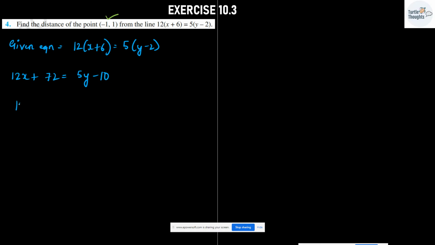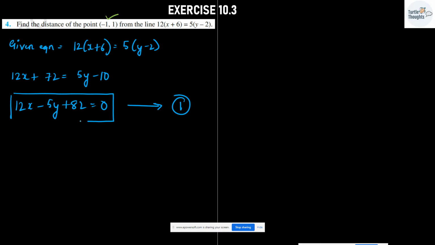Now, bringing everything to the left hand side, 12x minus 5y plus 82 is equal to 0. This is your equation number 1.